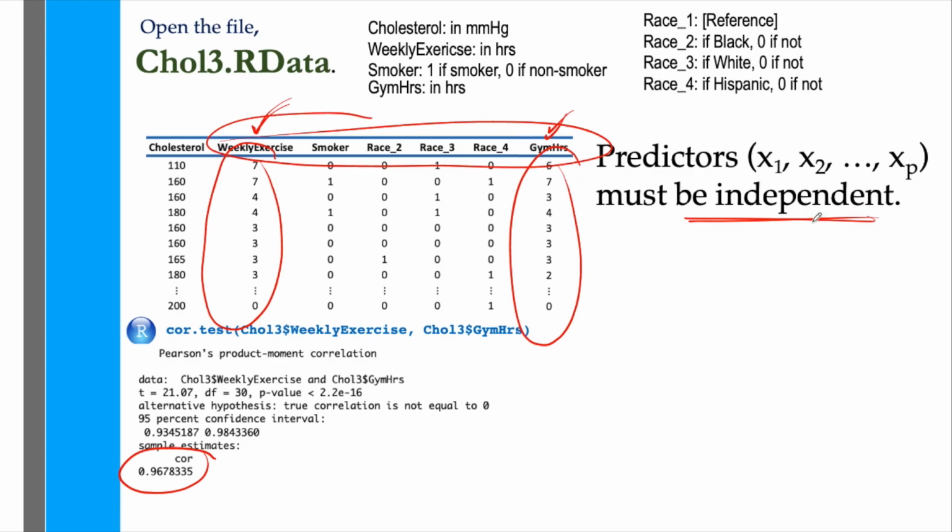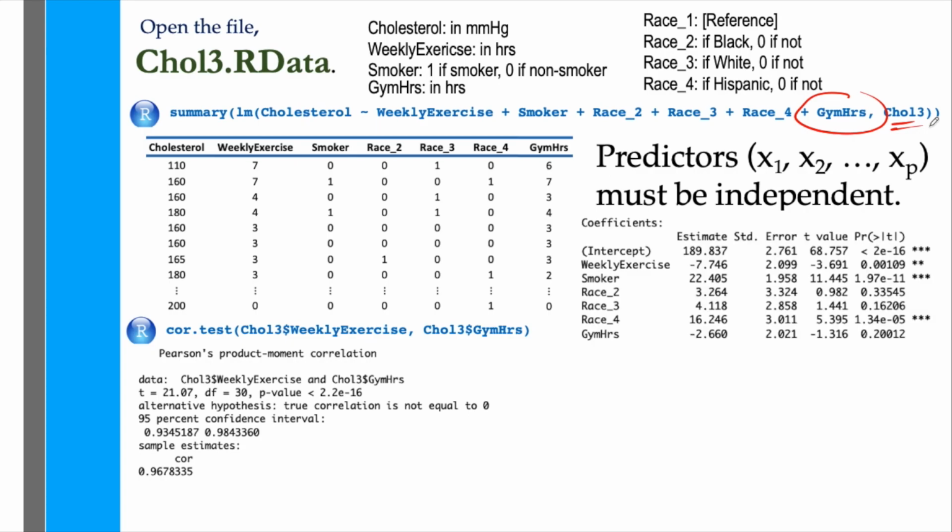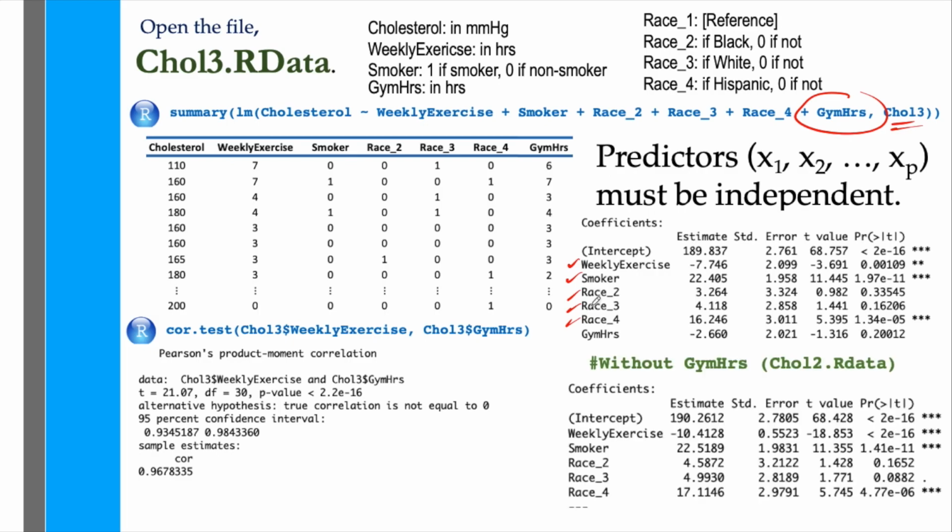If we try to put a linear regression model out of it by adding gym hours in the model, this time using lm, what we're going to have is this result. However, take a look at that result compared to our result a while ago.